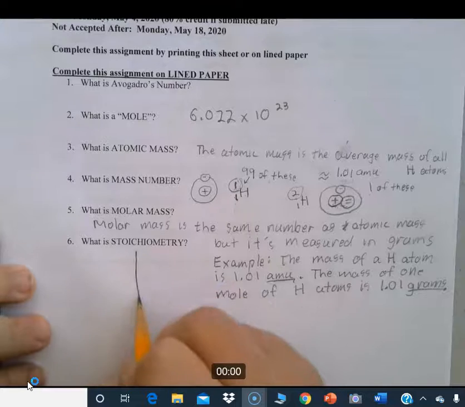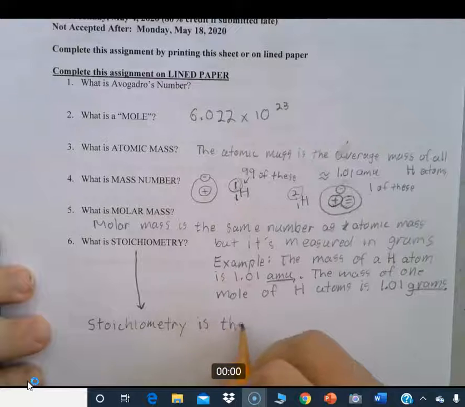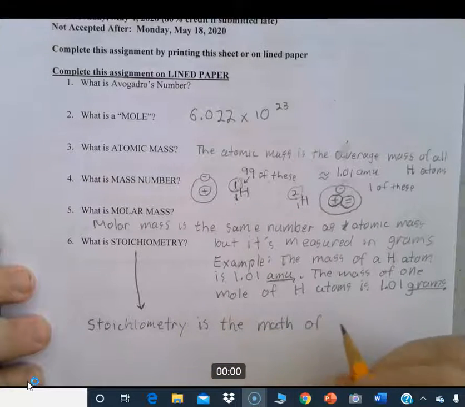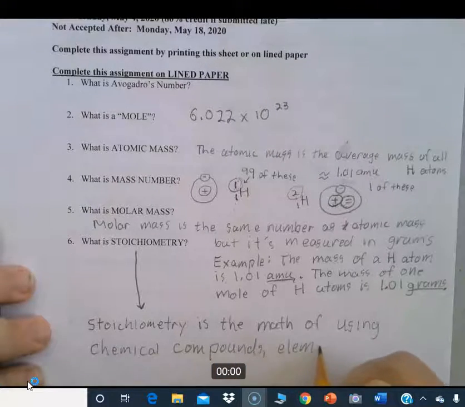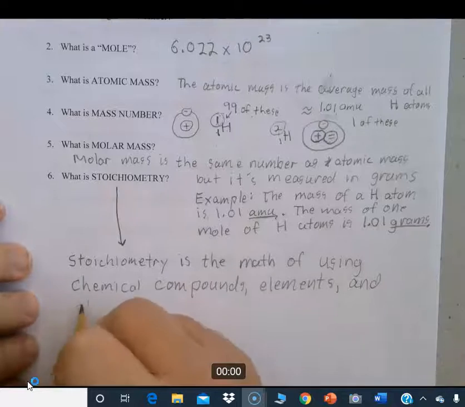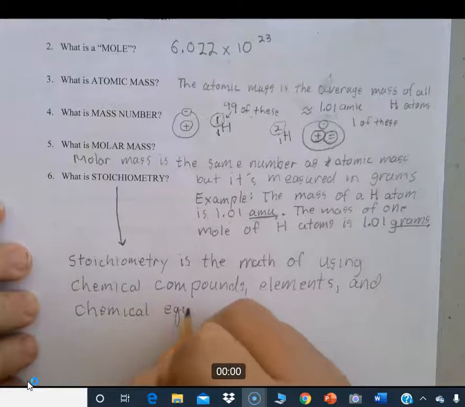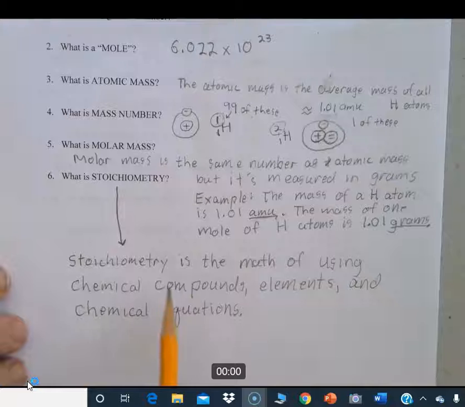And finally, what is stoichiometry? I'll just write that down here. Okay, so stoichiometry is kind of a funny word, but it's the math of using chemical compounds, elements, and chemical equations.